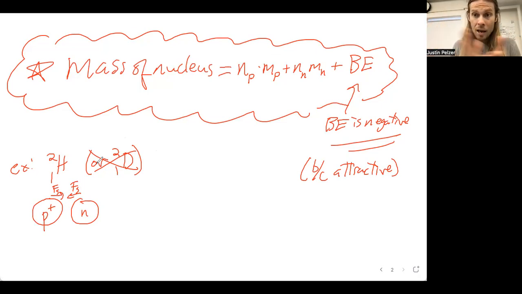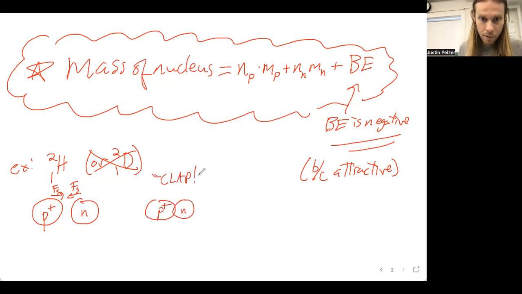When they clap together, the strong force turned potential energy into kinetic energy. The kinetic energy got released, and we ended up with more negative potential energy. So when they're together, after the clap, boom.